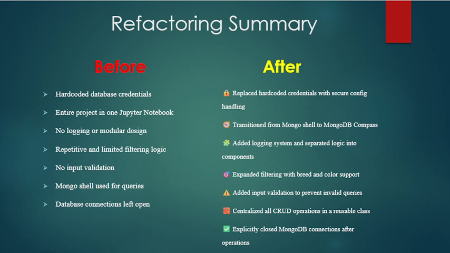So what I will be doing is replacing hard-coded credentials with secure configuration handling, transitioning from Mongo Shell to MongoDB Compass, adding a logging system and separating logic into components, expanding the filtering with breed and color support, adding input validation to prevent invalid queries, centralizing all CRUD operations in a reusable class, and closing the MongoDB connections after operations.